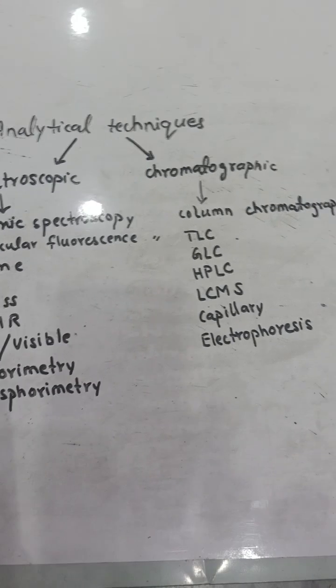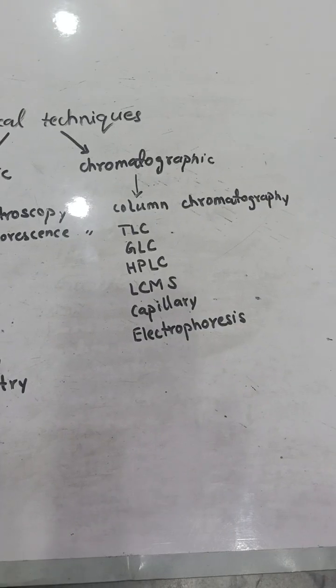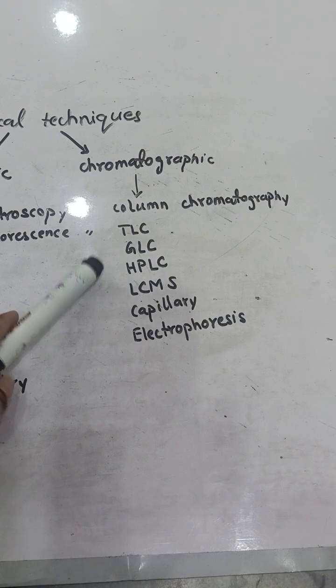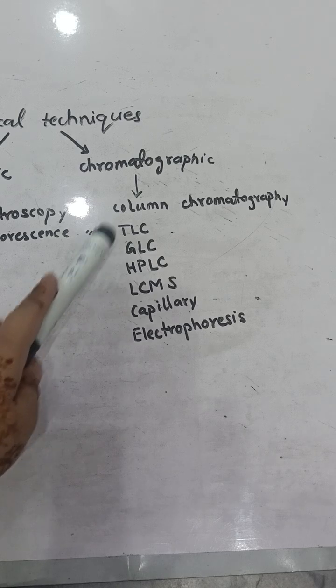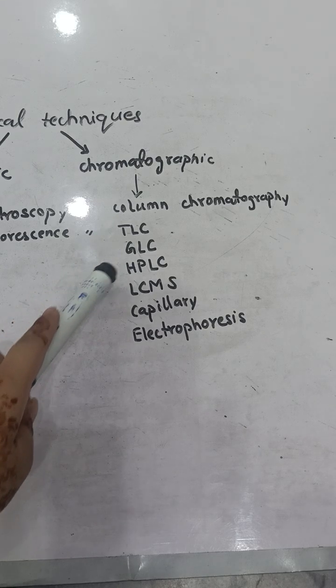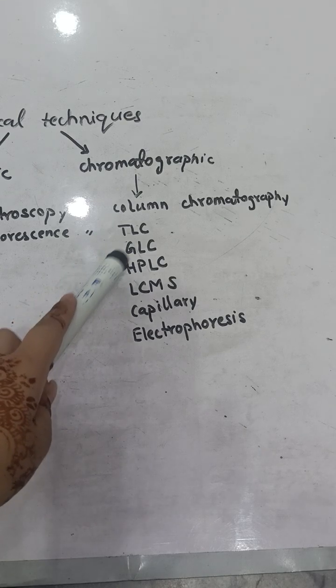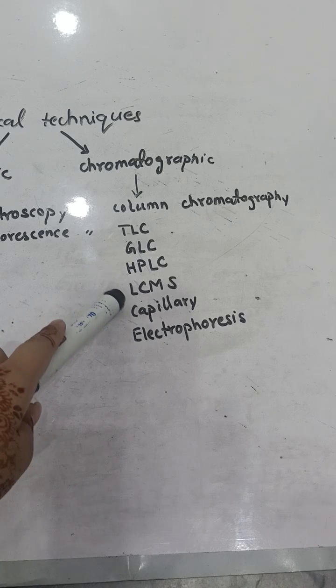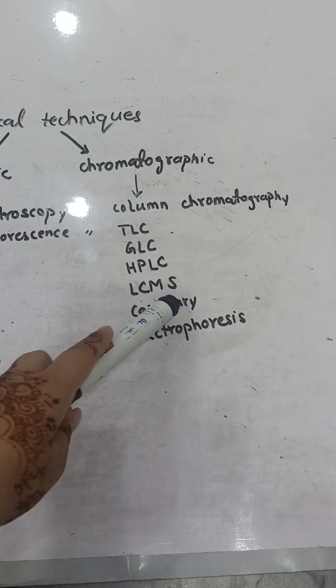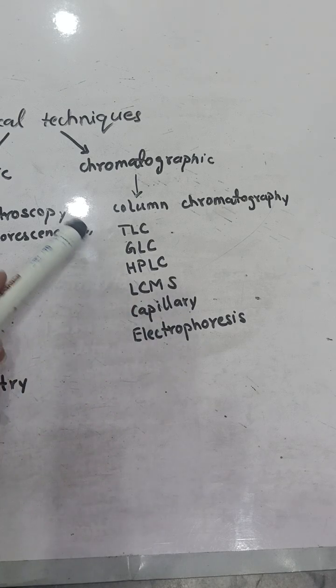Types of chromatographic methods are column chromatography, TLC which is thin layer chromatography, GLC, HPLC which is high performance liquid chromatography, LCMS, capillary chromatography, and electrophoresis. These are the techniques that we will discuss in our whole subject of pharmaceutical analysis.